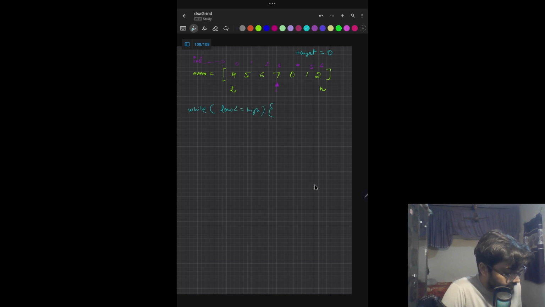Standard binary search: while low is less than or equal to high, we calculate mid equals low plus (high minus low) by 2.